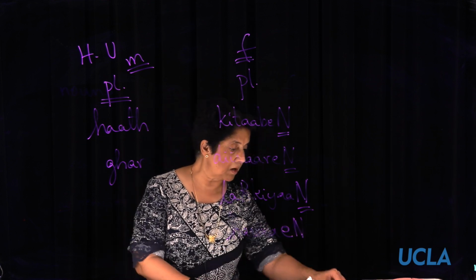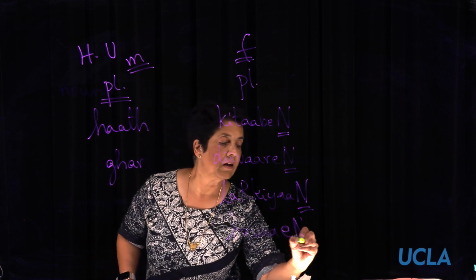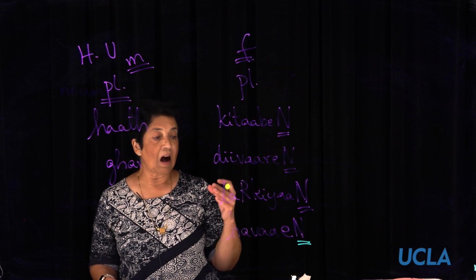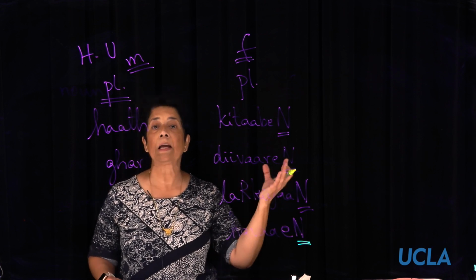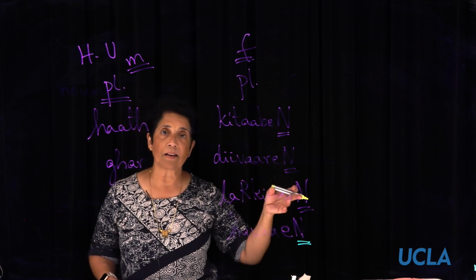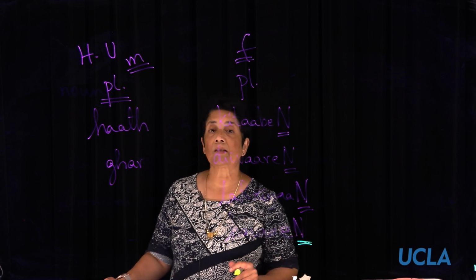Let me change my marker. So if we have hawaein, which means winds, like hawaein, thandi hawaein. There's some song too, right? Thandi hawaein, lehra ke aaye. So it ends in nasalization.